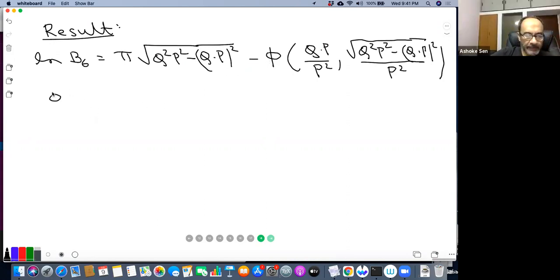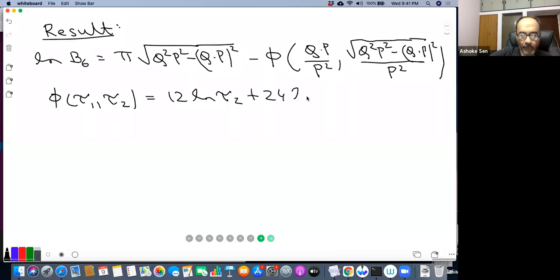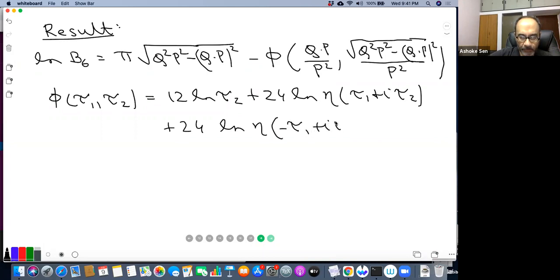So this function is a complicated function. Let me, here tau 1 and tau 2 just think of as dummy arguments. This is 12 log tau 2 plus 24 log eta of tau 1 plus I tau 2 plus 24 log eta of minus tau 1 plus I tau 2 plus dots.